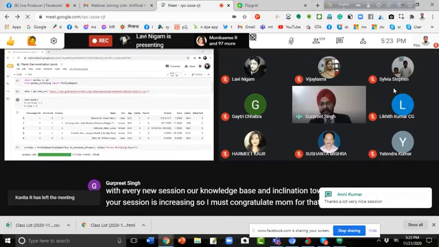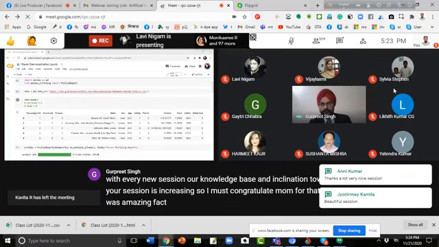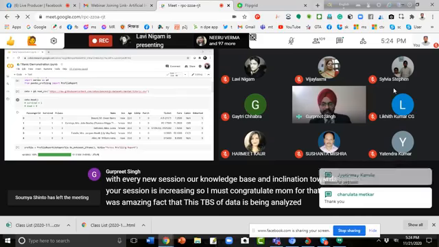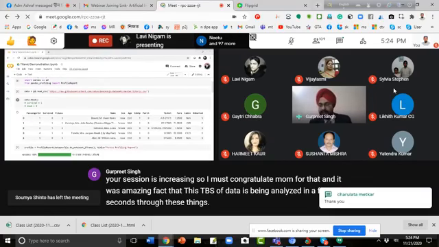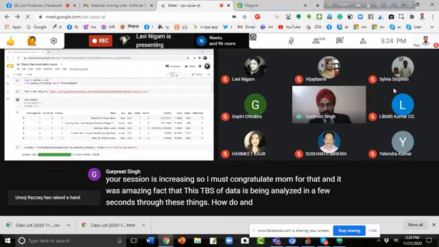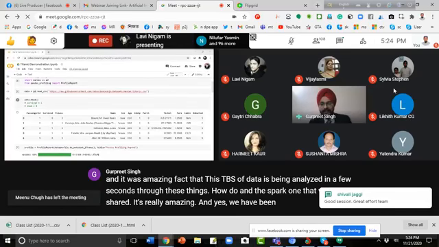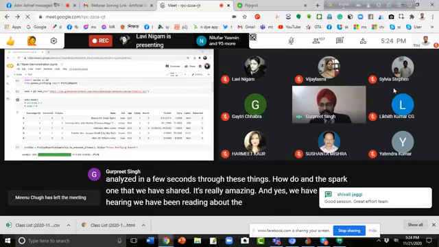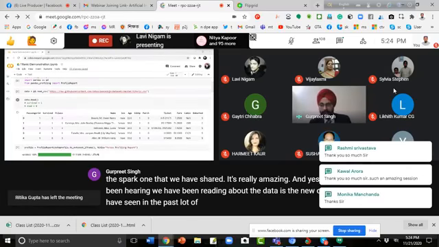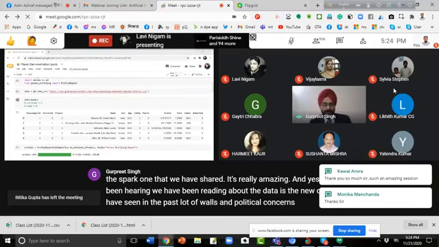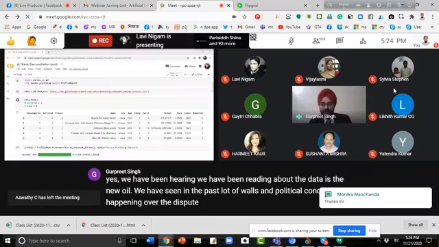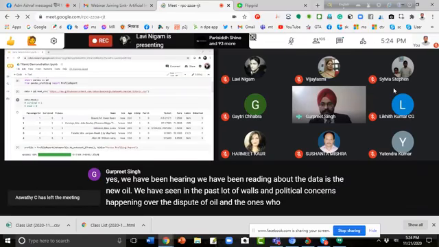And it was an amazing fact that terabytes of data are being analyzed in a few seconds through these things, Hadoop and the Spark one that we have shared. It's really amazing. And yes, we have been reading that data is the new oil. We have seen in the past a lot of wars and political concerns over the dispute of oil, and the ones who have a huge amount of oil are rich enough now.